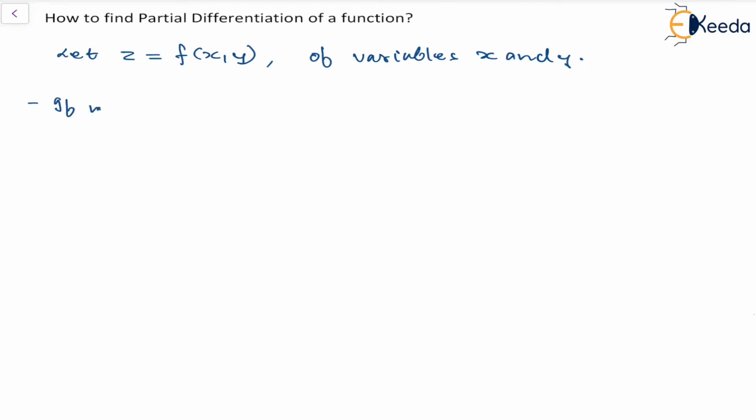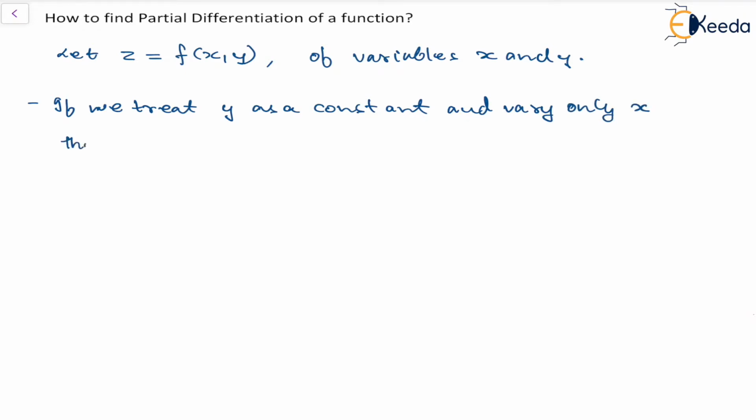So, let us say there is a function z which depends on two variables x and y. So, let z be a function of variables x and y. Now, what if we treat y as a constant and vary only x?